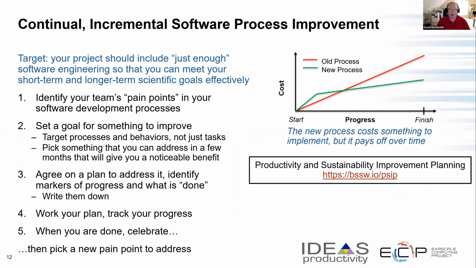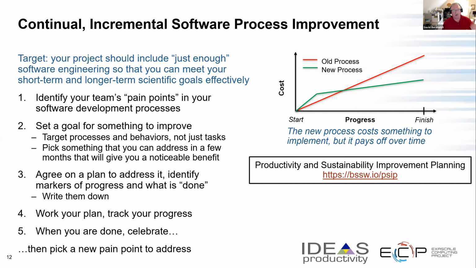And one last thing we're going to advocate here, as I mentioned before, an incremental software improvement process. So the goal, we think, should be to have just enough software engineering that you can meet your short-term and long-term scientific goals effectively. So a way to think about this is to first identify your team's pain points in your software development processes, find one thing to improve, set a goal for that.